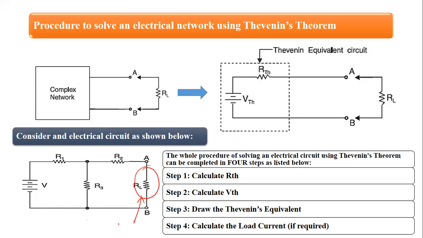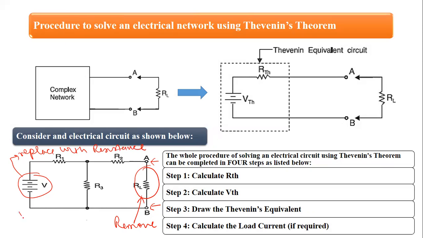Remove this one. And make these terminals open. A and B, make them open. Then whatever energy source you have in the circuit, replace that energy source with its resistance. Replace with resistance, right?